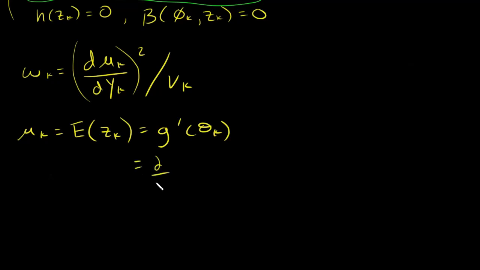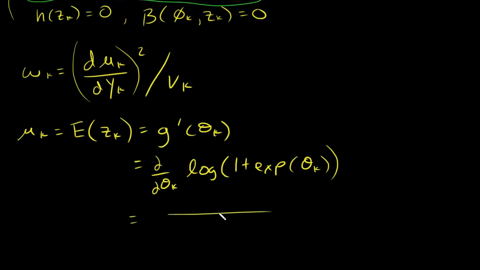So this is going to be d d theta k, and then g is the log of 1 plus e to the power of theta k. Okay, so now I just need to use my properties of how to take the derivative of a log. So it would be 1 over what's inside here, all right, times the derivative of the inside. Right, so it's like chain rule.